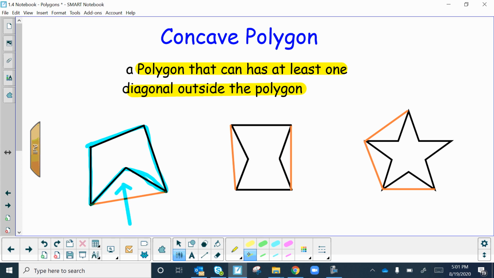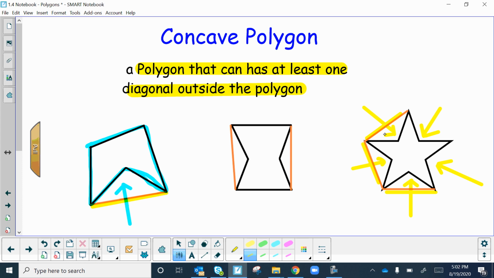That's why this orange diagonal is in the exterior. The star is the one that mostly everybody knows to be a concave polygon, because it caves in 5 times, right there, there, and there. When it caves in, that's when you can draw those orange diagonals outside of the polygon.